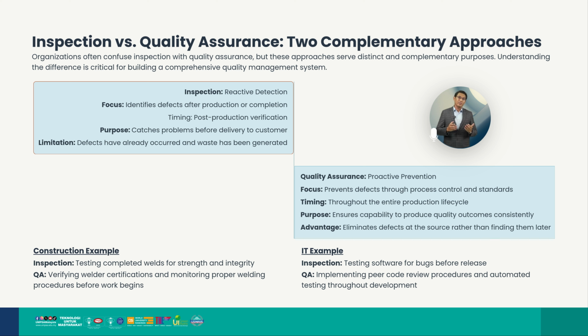Now, in software development, inspection is the testing of a finished application to identify bugs, while quality assurance ensures coding standards, peer reviews, and automated testing procedures are built into the development cycle to prevent defects from being introduced. Now, in manufacturing, inspection might involve random sampling of products after they are made, whereas quality assurance ensures that raw materials are verified for quality before production begins.